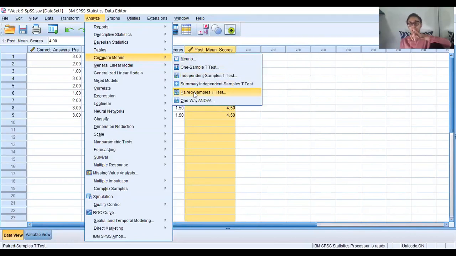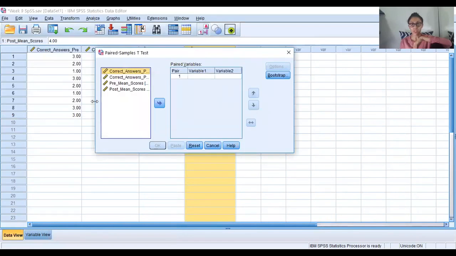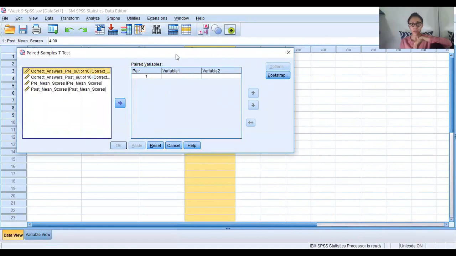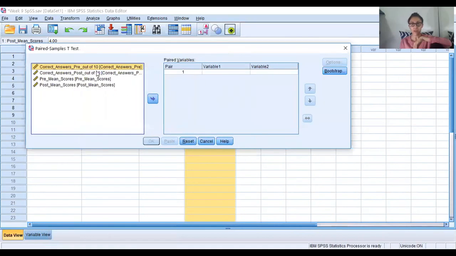Okay, analysis, compare means, paired sample t test. Click on that paired sample t test. Then you take in these responses. I'll put this in the center and widen this so it's easier for you to see what columns I'm putting where.